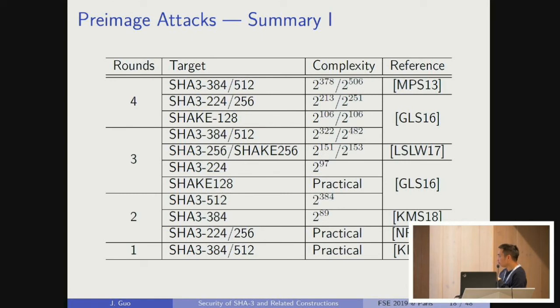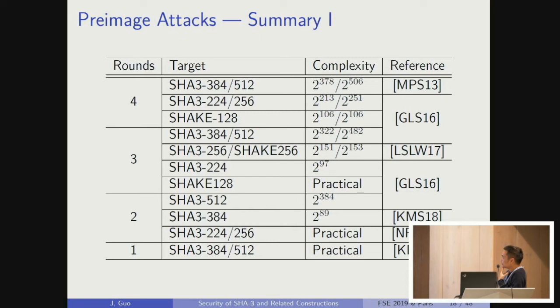In summary, using all the techniques combined, we can attack up to 4 rounds of SHA-3 384 and 512. The complexities are slightly lower than brute force.